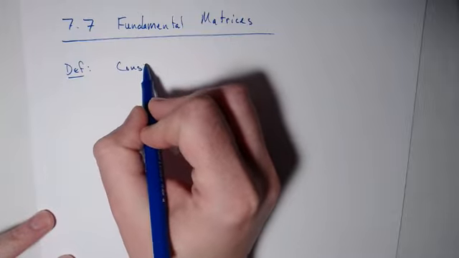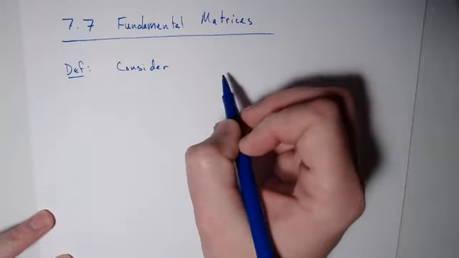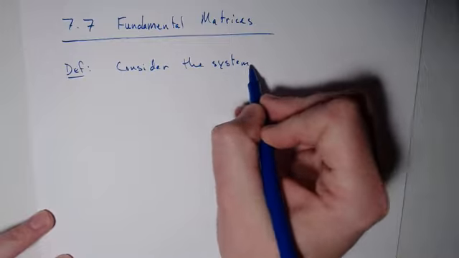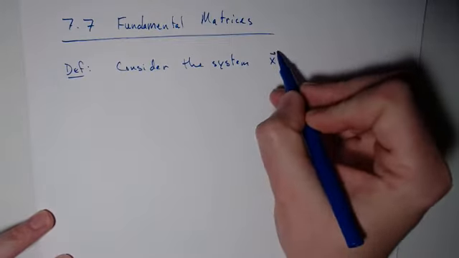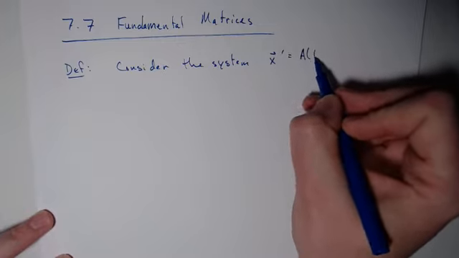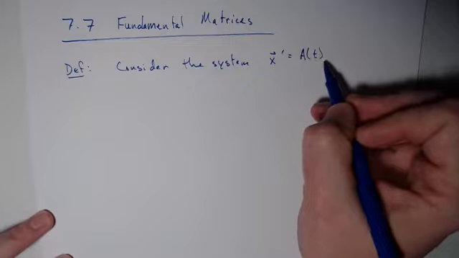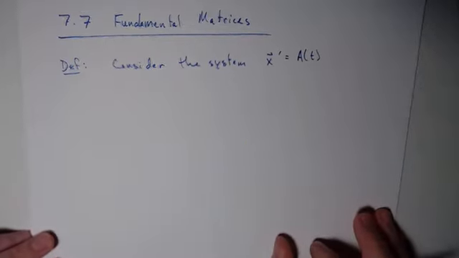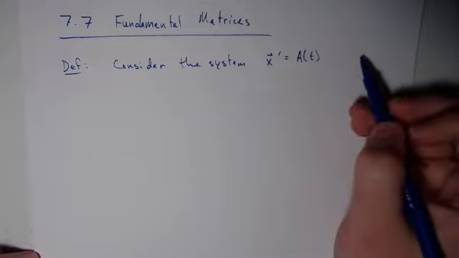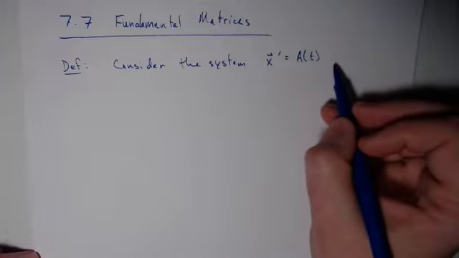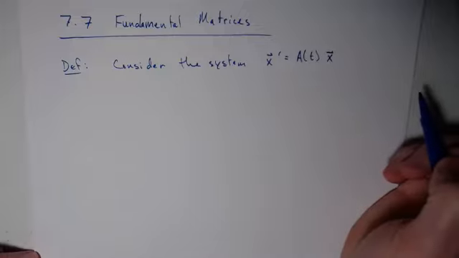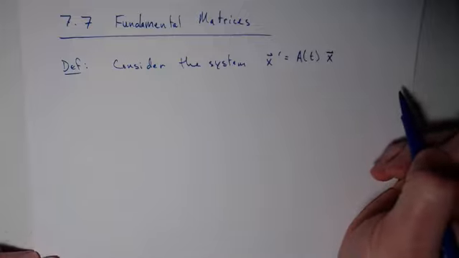If we consider the system we've been considering, so we have vector x prime equals a possibly non-constant, although again we're always going to do this for constant coefficients. This theorem just happens to be true even if it's not. x prime equals A of t x.